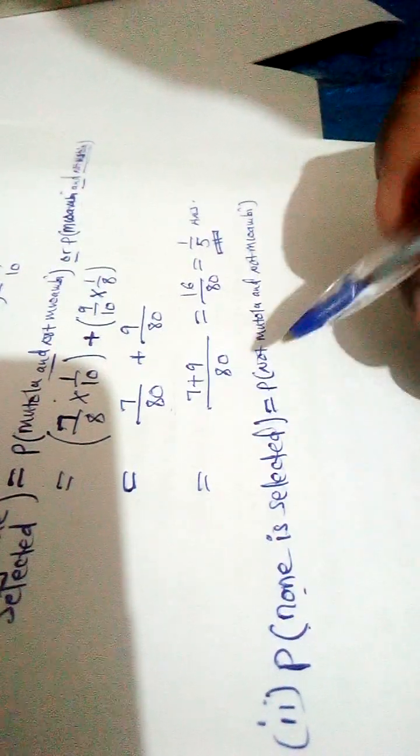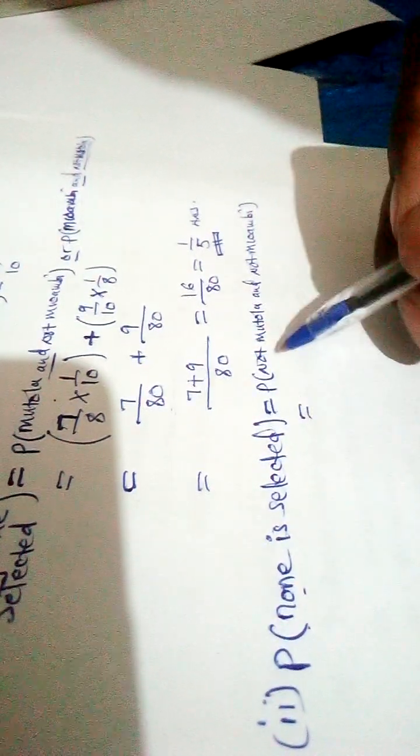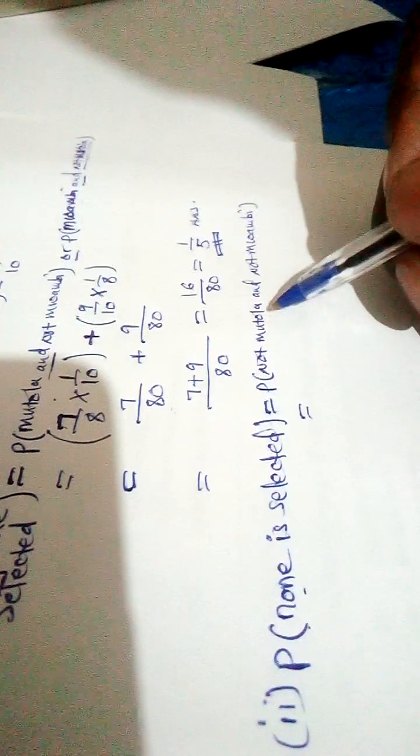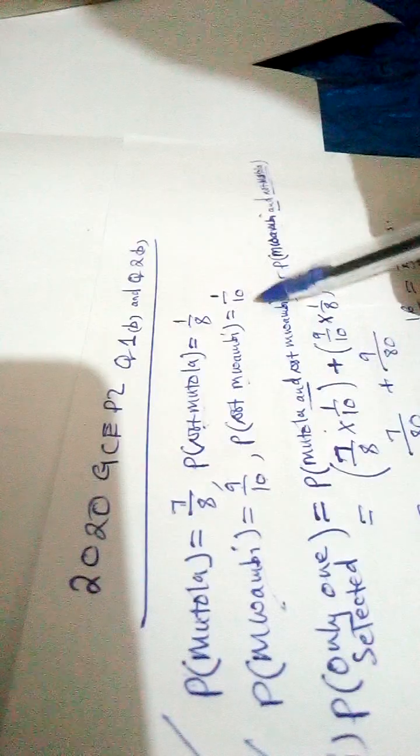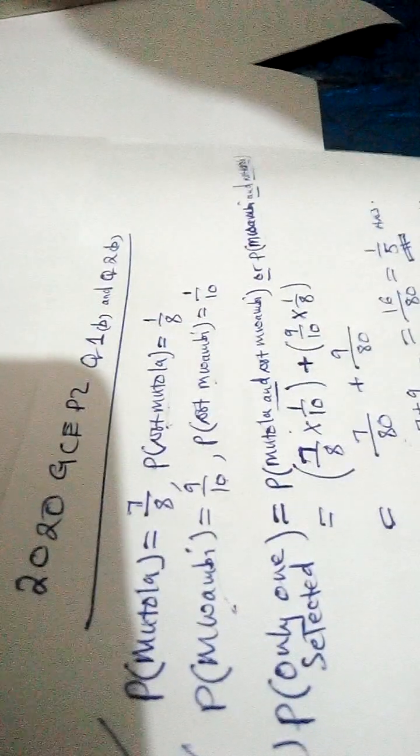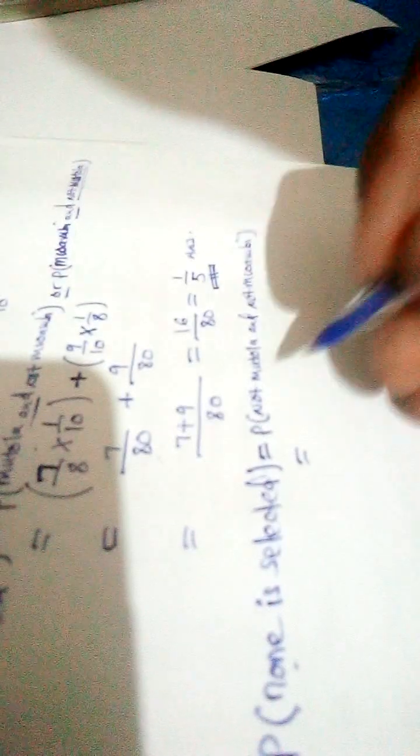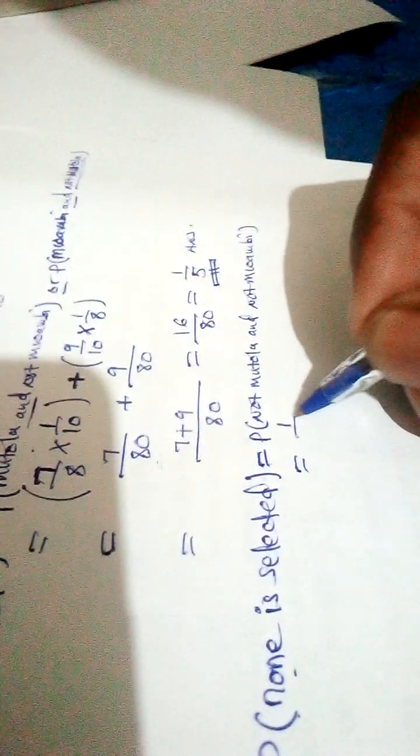As simple as that. We already have what the probabilities are. Not Mutola is up here, 1 over 8, and not Mwambi is just down here, 1 over 10. So let's multiply the two probabilities and see what we get. Not Mutola is 1 over 8.